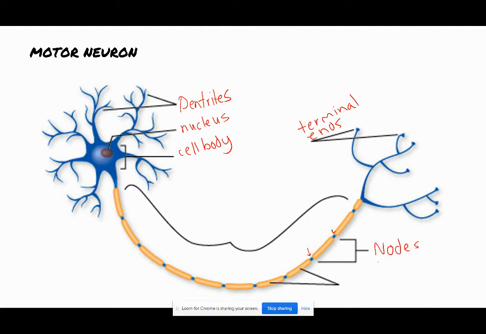And you don't have to say it like that. I just like saying it like that. Nodes of Ranvier. And these are the Schwann cells. Oh, and don't forget axon. All right. So how did you do?